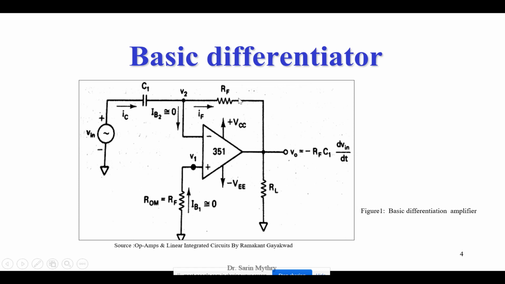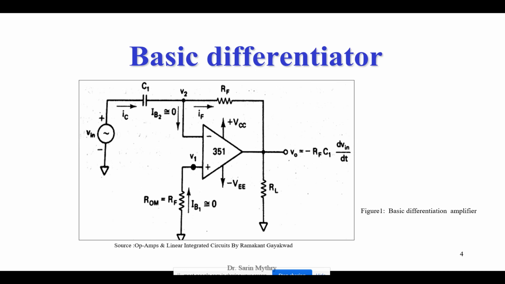You can say that your differentiator is exactly opposite to your integrator. There is another resistor connected here, this RF resistor. Remember, in the integrator we do not have this RF. But in the differentiator we use it in order to handle the signals which cause noise, the high frequency components.